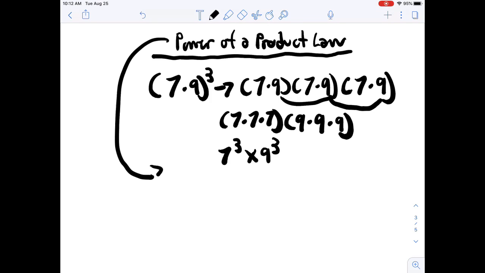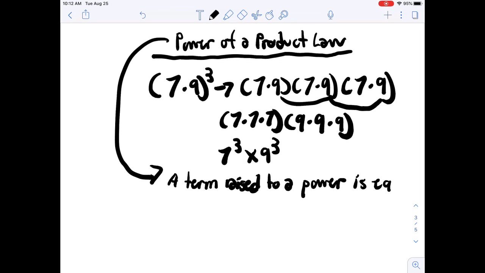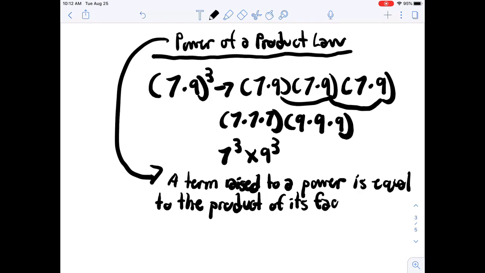And it states that a term raised to a power is equal to the product of its factors raised to the same power.